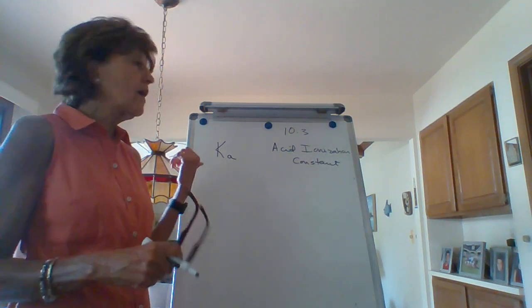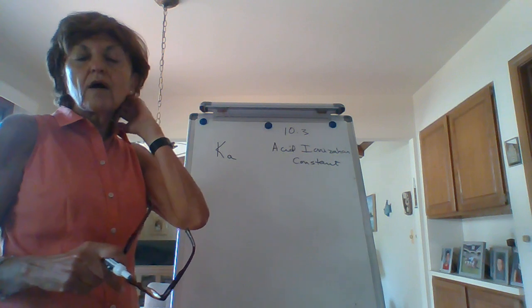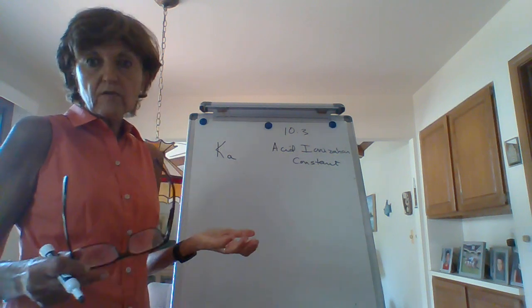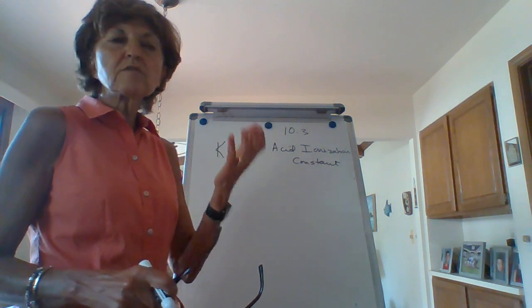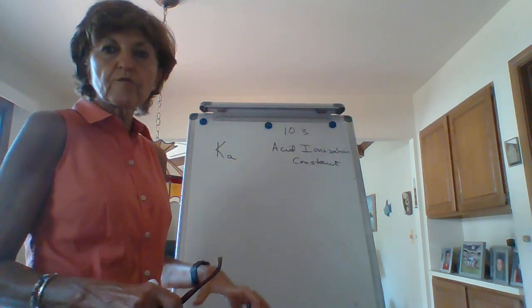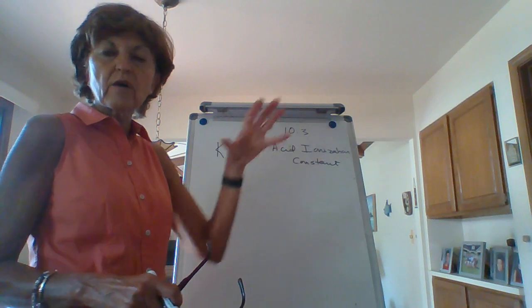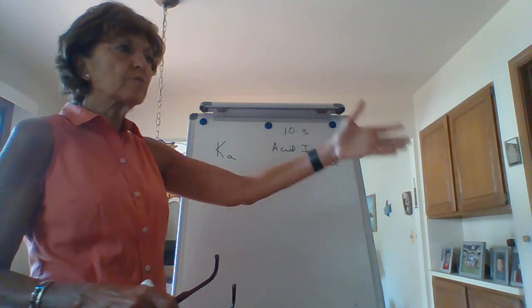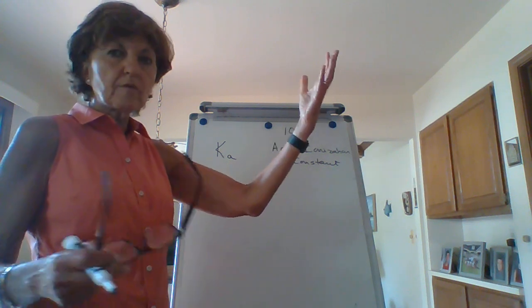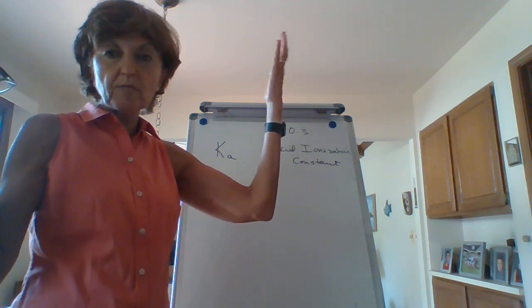So they don't do Ka values for strong acids, because remember, in order to do any equilibrium constant, you're putting the concentration of the products over the reactants. Well, when something is a strong acid, remember the equilibrium is far to the right, so the number is like crazy high, big, infinity.